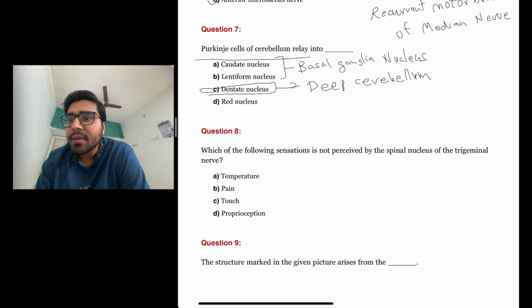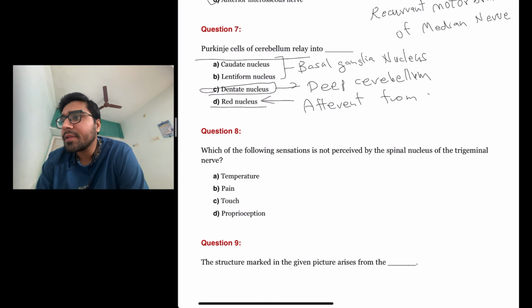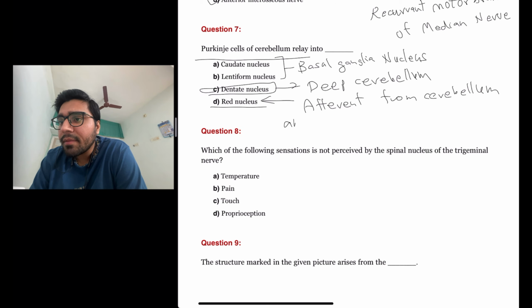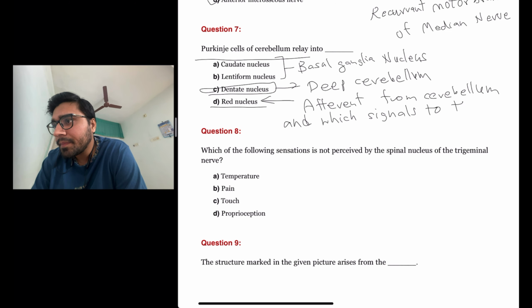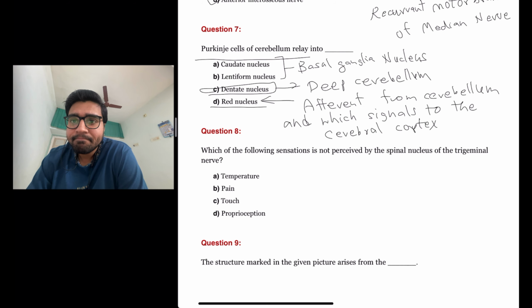The red nucleus has afferents from the cerebellum and signals to the cerebral cortex. Now move on to the next question.